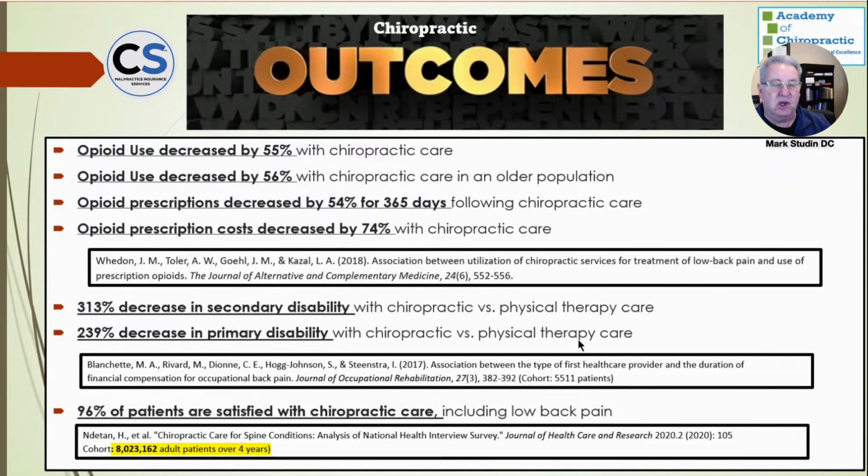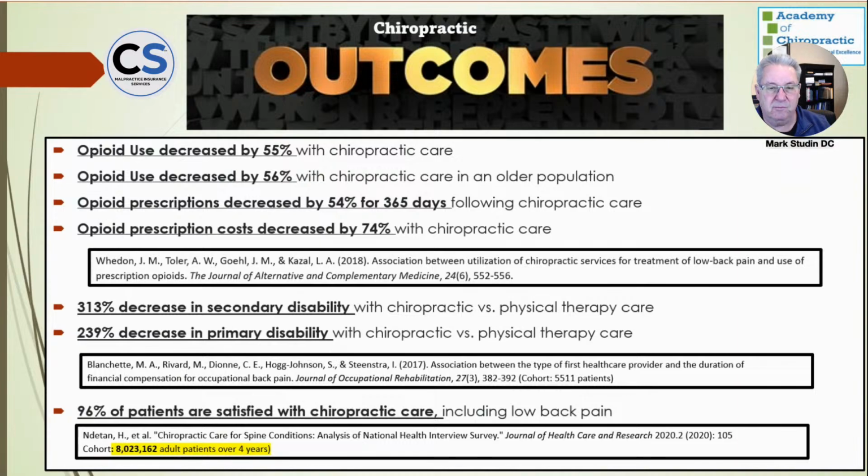That's because, folks, you are doing a chiropractic spinal adjustment. You are not doing a manipulation. The outcomes are huge. According to Natadon, in 2020, they studied 8,023,162 patients over 4 years. 96% got better. 96% out of 8 million, because you're doing a chiropractic spinal adjustment.